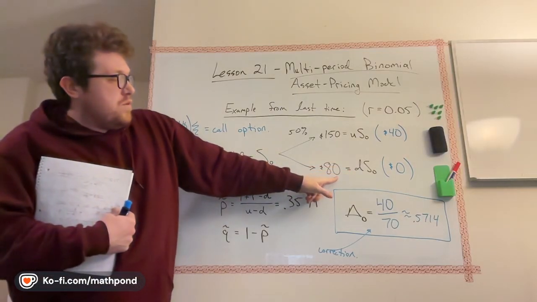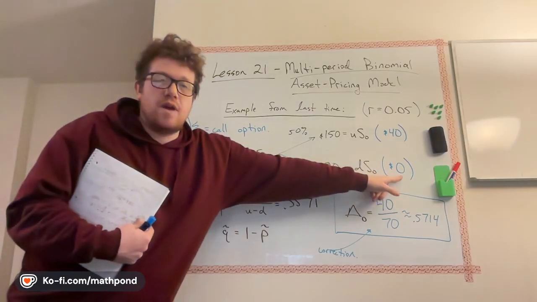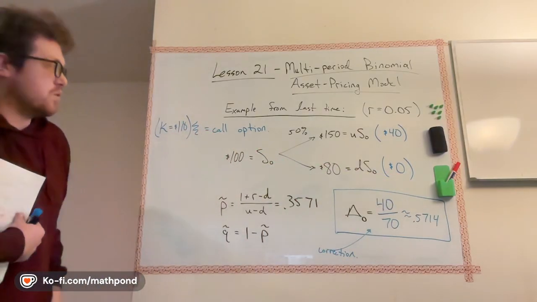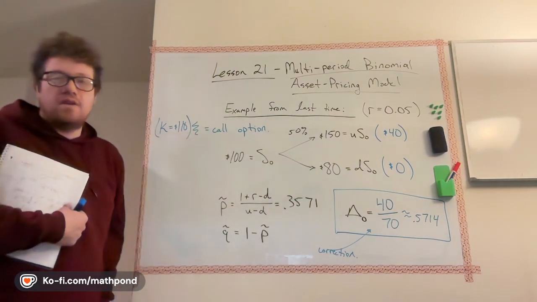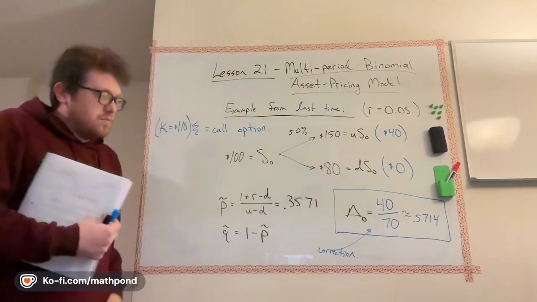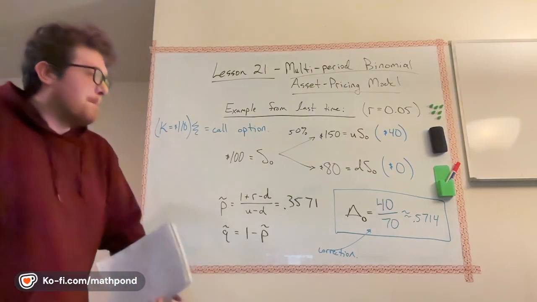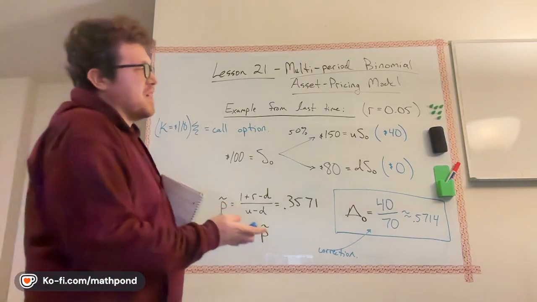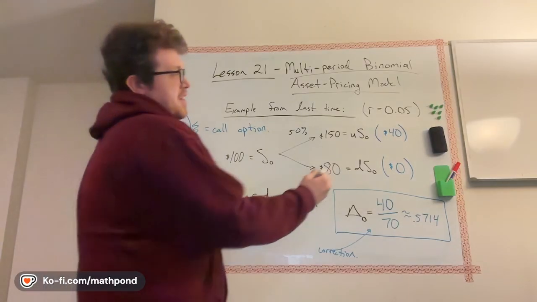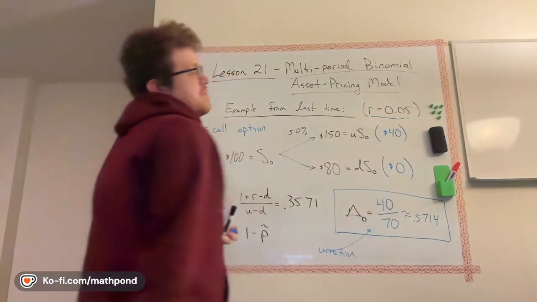If it went to $80, then the option was worthless, basically worth 0, because 80 minus 110 is negative. And we picked an interest rate here, which I said was 5% per year.